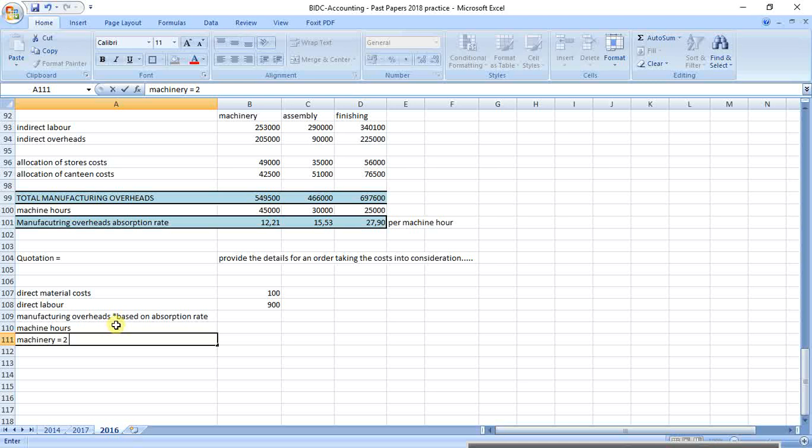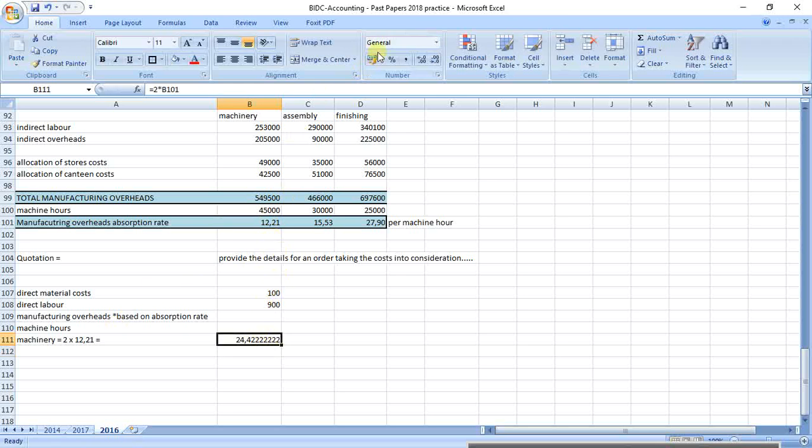Okay, so the machine time is different: 2 hours, 30 minutes, and 20 minutes. So 2 hours, so 2 times the rate, 12,21, equals. This job is going to need 2 times that.